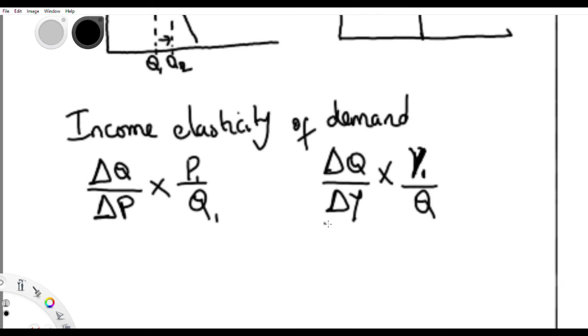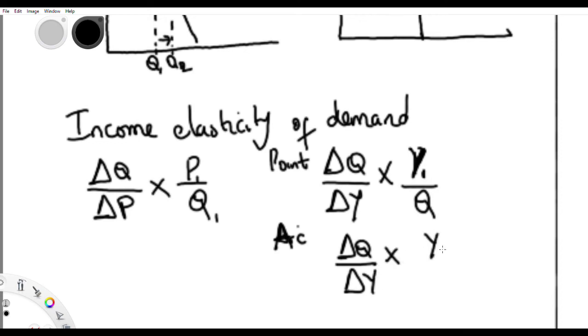That's just it. Remember this one is for the point elasticity, and if you are talking of the arc elasticity, it then becomes change in quantity as a result of change in income times the average income all over average quantity.